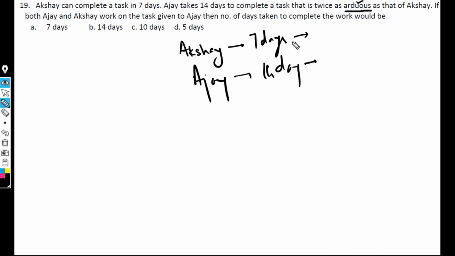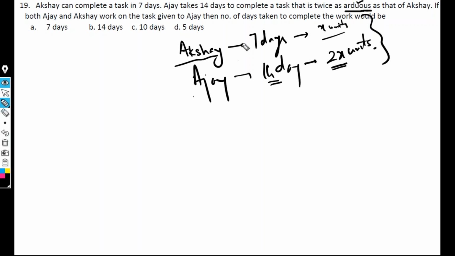So let's say if the task of Akshay was x units, and if I say it is twice as arduous, it means it is 2x units for Ajay. Is it clear, everyone? So Ajay completes 2x units in 14 days.